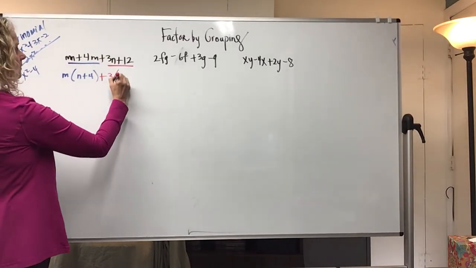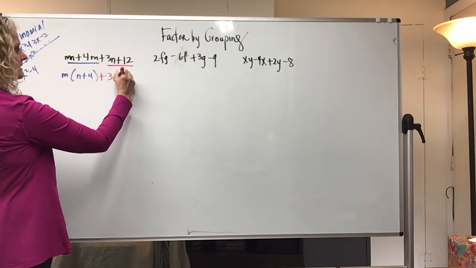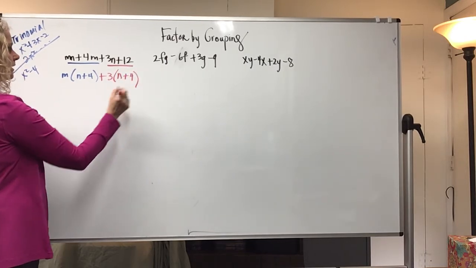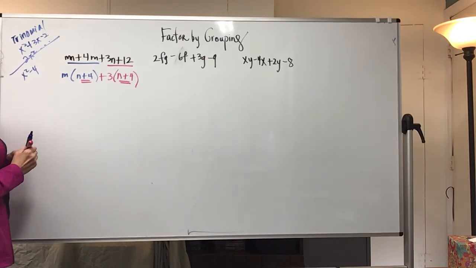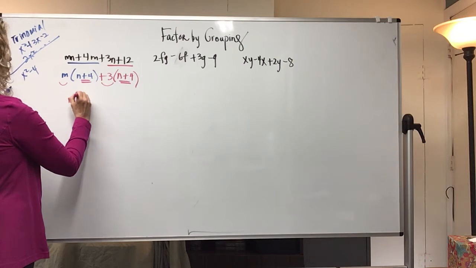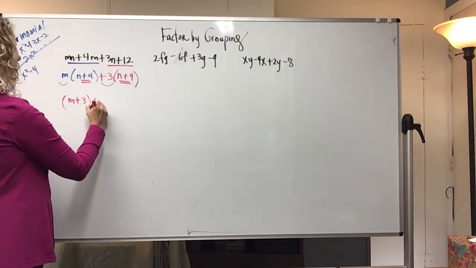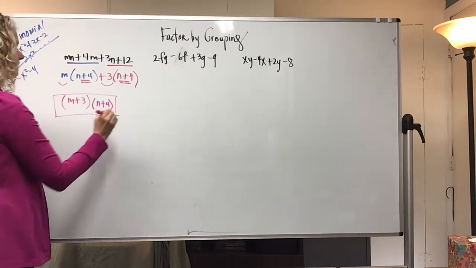So if you pull a 3, 3n divided by 3 is n. 12 divided by 3 is 4. Now, noticing those 2 terms are the same, you know you did it right. So you're going to take these 2 that are all alone, slap them together, and then you're going to take the m plus 4, and that is factor by grouping.